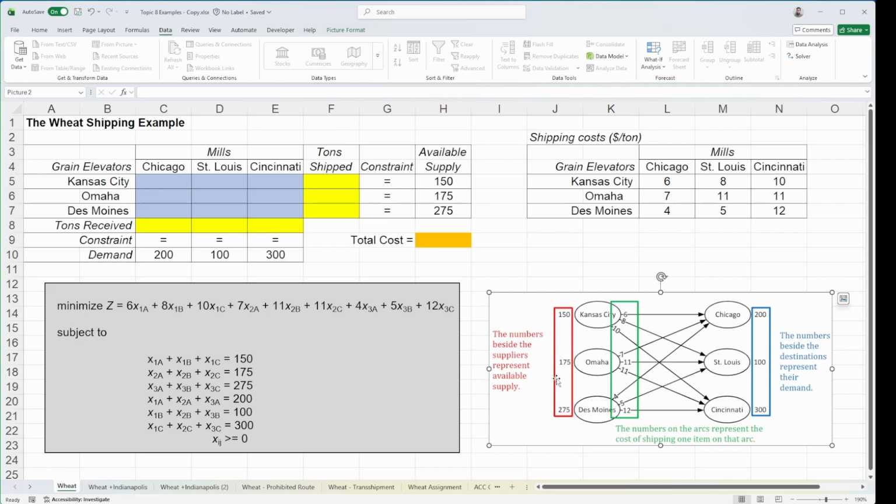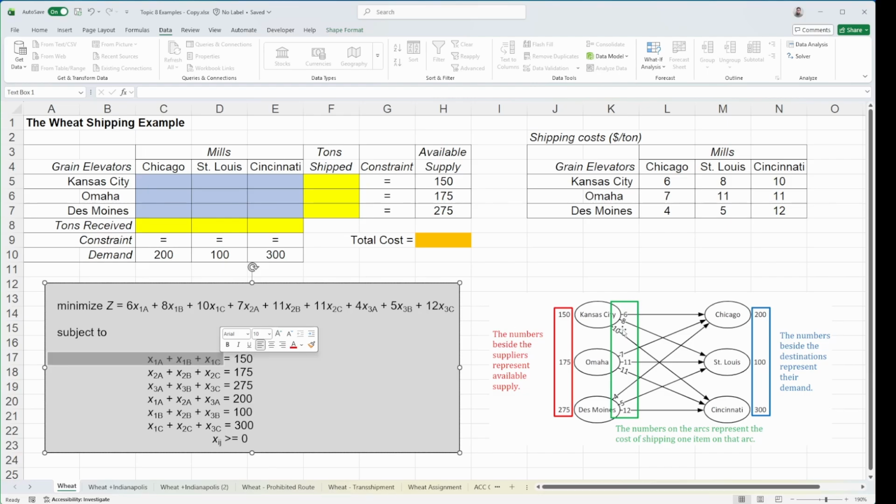So we have total supply equals total demand, and so we have equations or equalities for the constraints. Whatever is shipped out of Kansas City should be equal to 150. Whatever is shipped out of Omaha should be equal to 175. To calculate the outflow, we do a sum over the 3 variables associated with the 3 outgoing arcs.